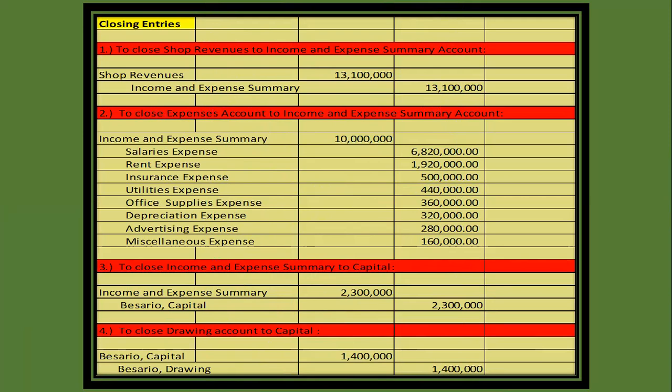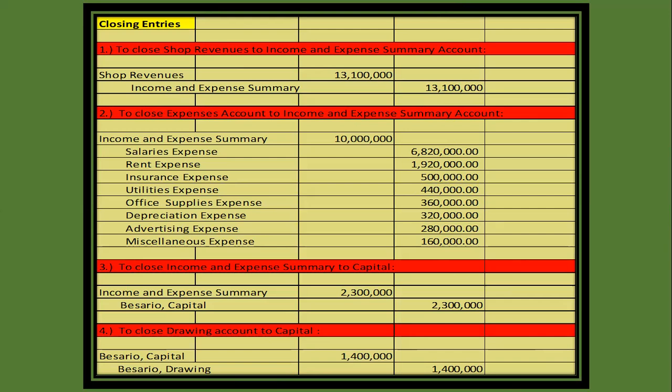So how do we close our shop revenue? Since shop revenue has a normal balance of credit, to close it, we debit shop revenue and then we credit income and expense summary 13,100,000.